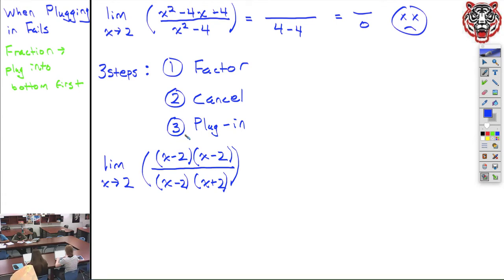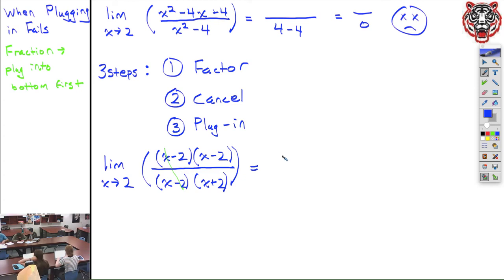So you should see that after we factor the numerator and denominator, and you can write this down for your notes as well, eventually you get these 2 terms that are the same, so you can do step 2. Step 2 is to cancel. I'm going to rewrite it just for the sake of looking nice in our notes, but on the actual homework, you don't need to rewrite it. You can immediately just plug in.